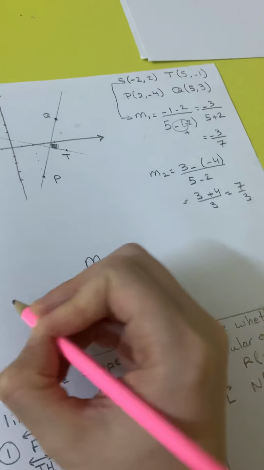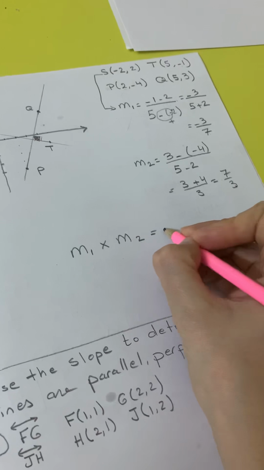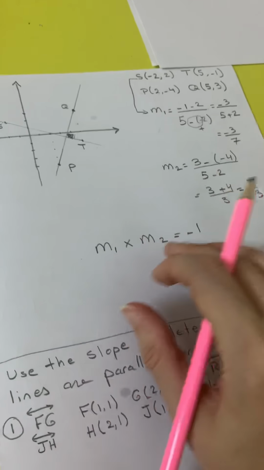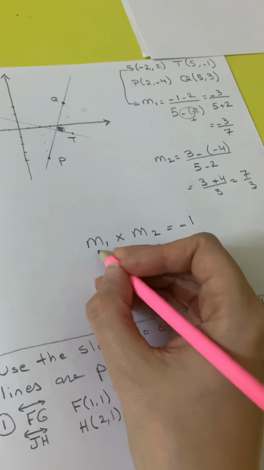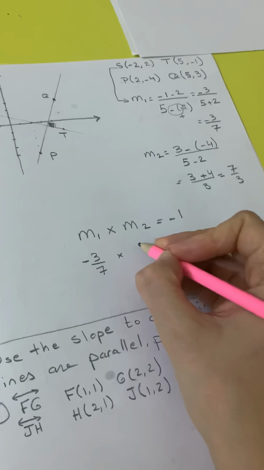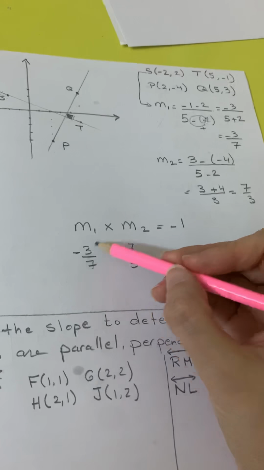M1, the first one, times M2 should be equal to -1. Let's check if this is correct. M1 is -3/7 and M2 is 7/3. Let's multiply them.